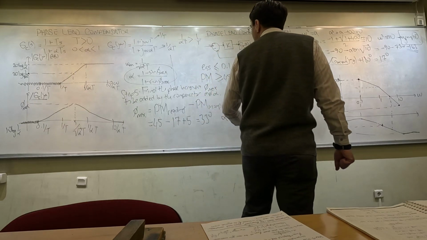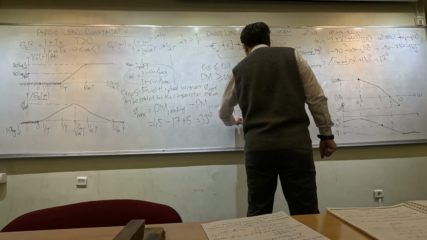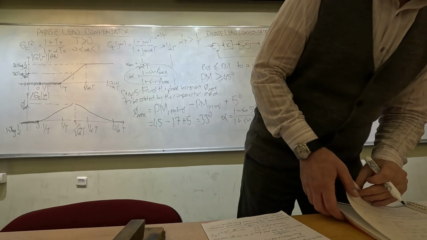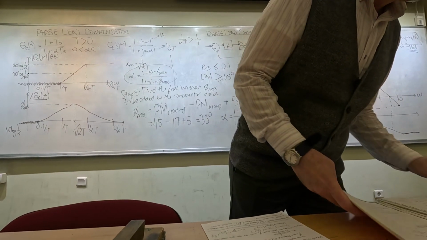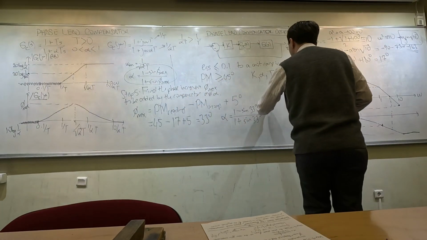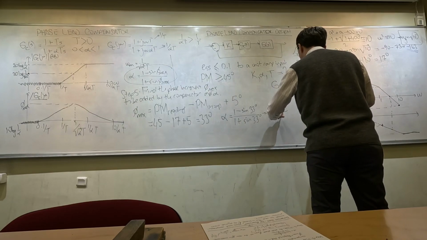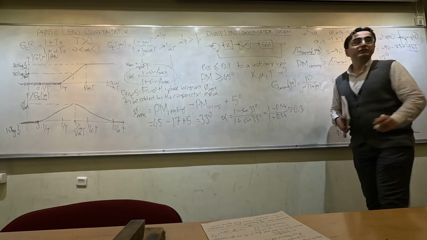Alpha is going to be 1 minus sine 33 degrees divided by 1 plus sine 33 degrees. In this case, if you calculate that, you are going to get this value: 1 minus 0.54 divided by 1 plus 0.54, which is approximately 0.3.